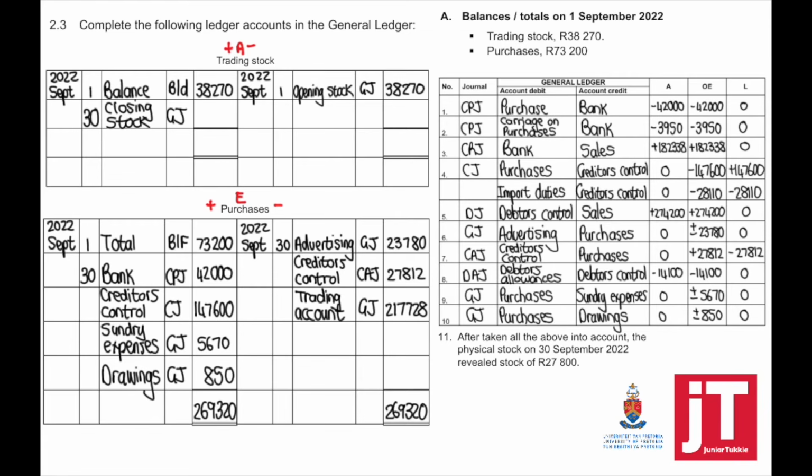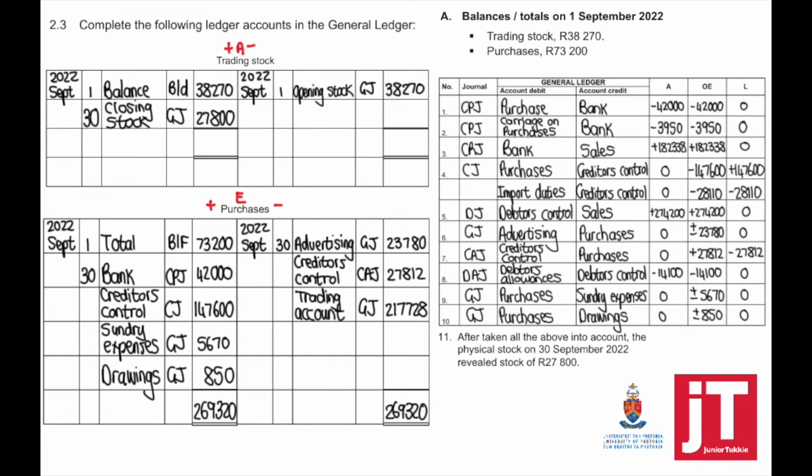Now, the last transaction, after taking all of the above into account, the physical stock count on 30 September 2022 revealed stock of 27,800. It means that closing stock, which is an expense, would have been credited, can also be regarded as an income. But closing stock is going to be credited. Account debited for trading stock account.